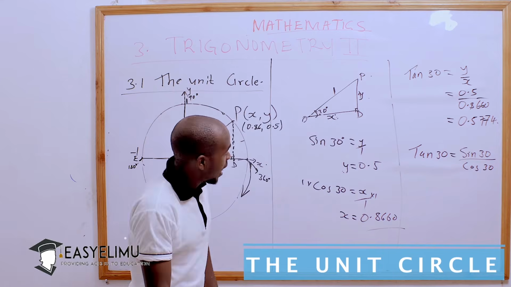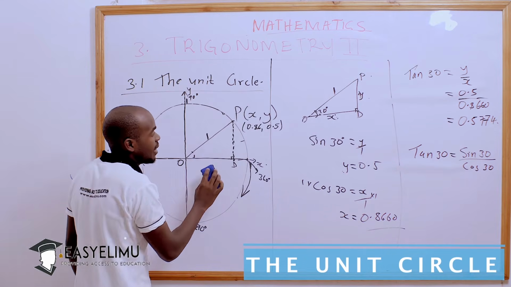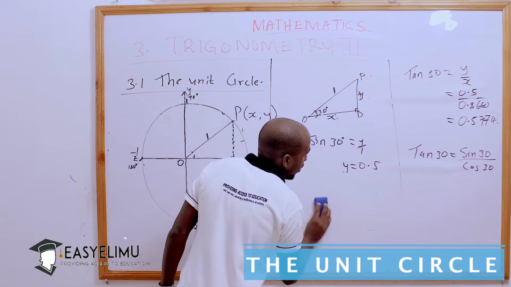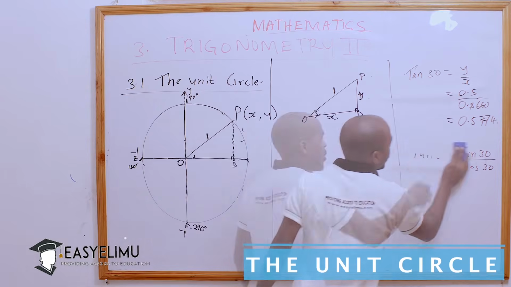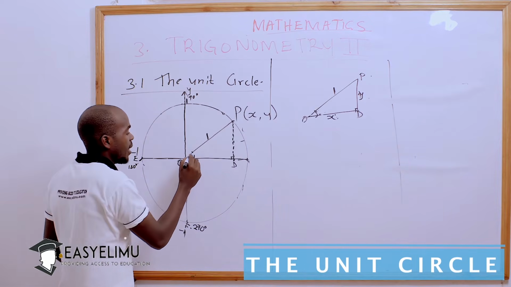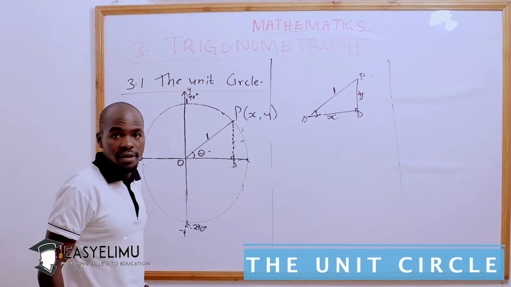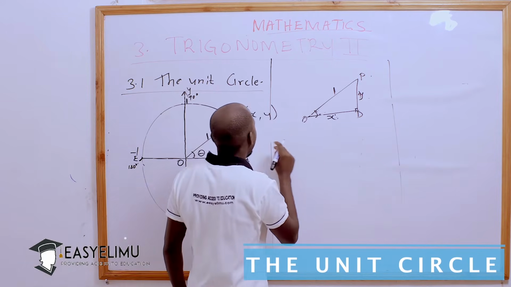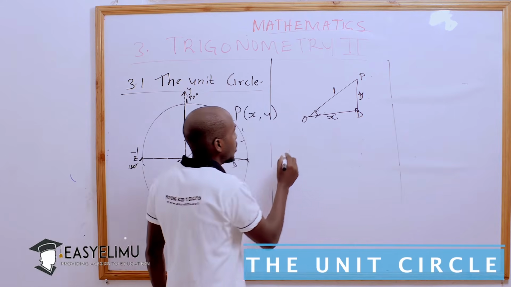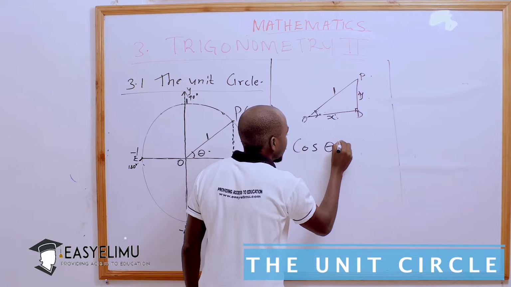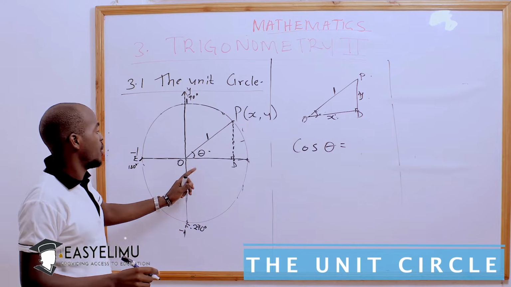So from there we can identify that if we have this angle here as theta, then the x-coordinate, we saw that if it is 30, x-coordinate is cos 30. So cos of that angle theta will be equivalent to the x-coordinate, because it's a unit circle.